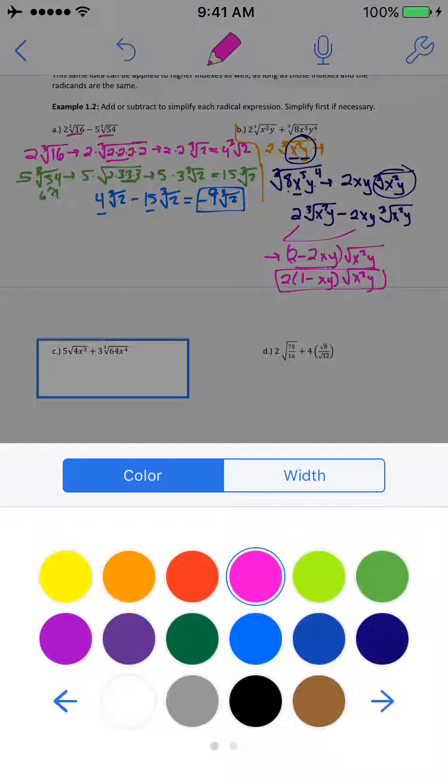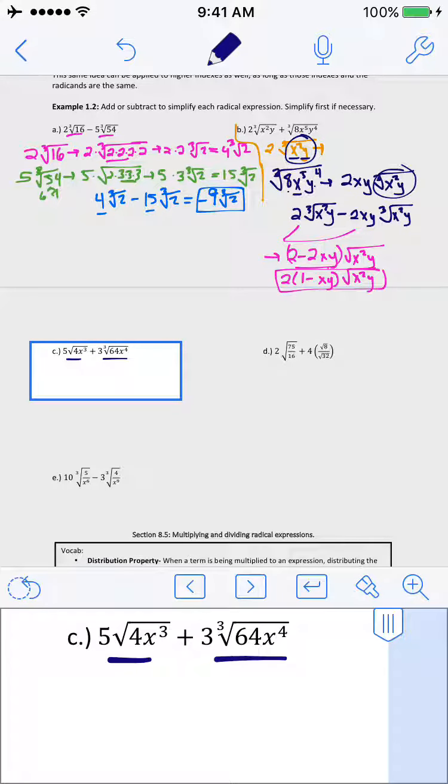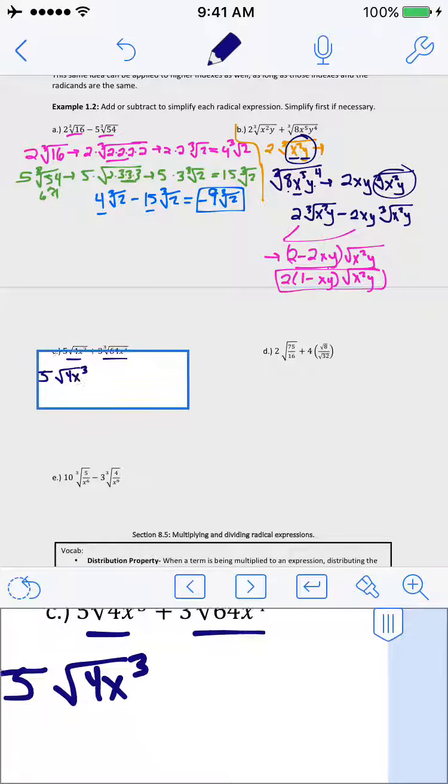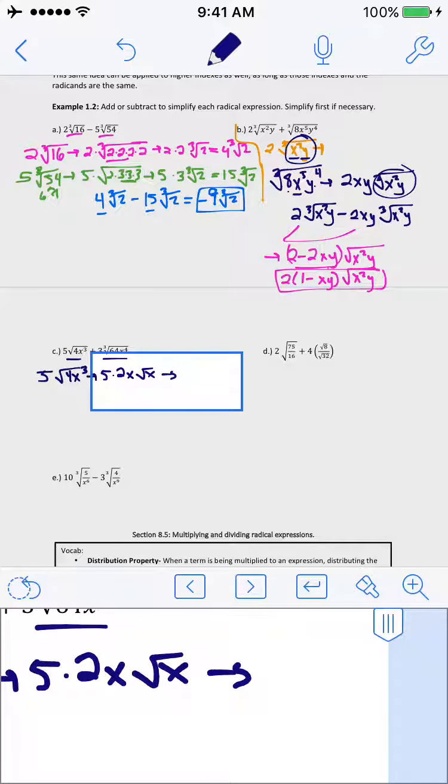Let's try another one. I can reduce this guy, I can reduce that guy. So let's try 5 root 4x cubed. Well, the square root of 4 is 2. I have 5 times 2, and I can make one group of 2 x's, and what's left over is an x. So I have 10x root x.